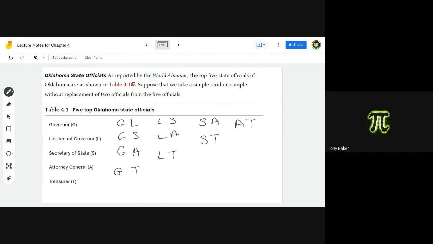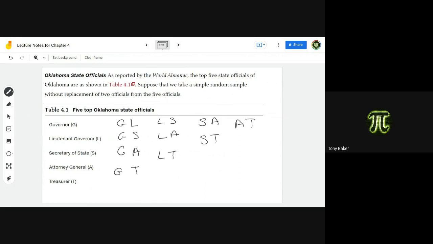I see that all the time when I tell kids, okay, look at 2 dice. You're rolling 2 dice. Give me all the outcomes. And they just start randomly writing down 2 numbers. And it's like, you're never going to get them that way. So be logical when you're coming up with your choices and how you're writing things down, so you don't miss any and you don't repeat any.